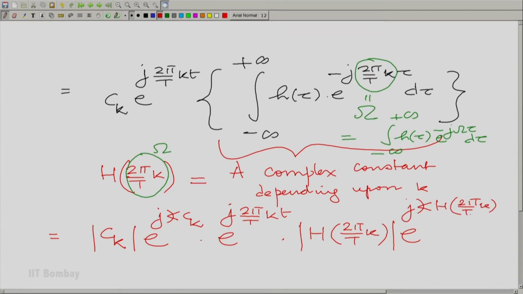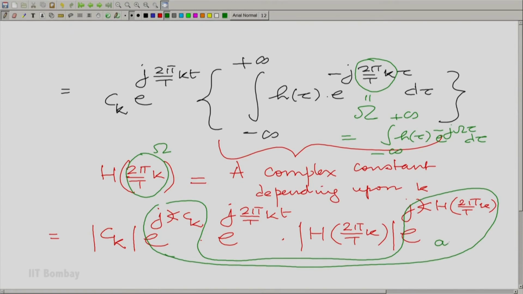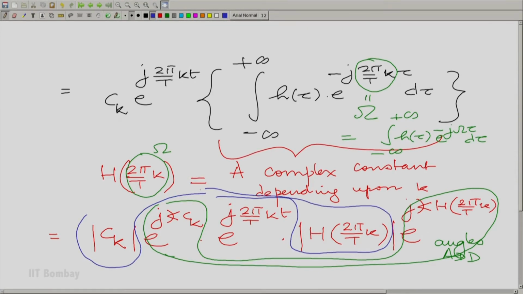So, you notice that these angles add, and magnitudes multiply. There is a magnitude here and there is a magnitude here, magnitudes multiply. So, let us write that down all together.